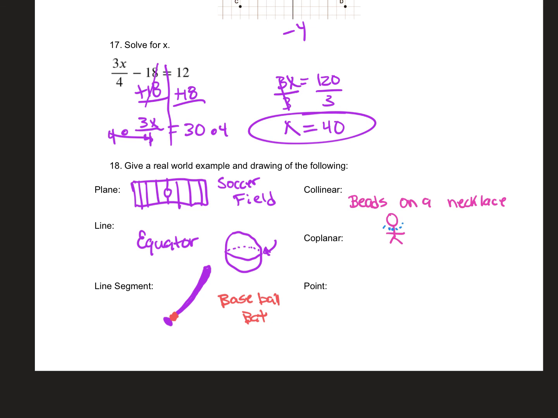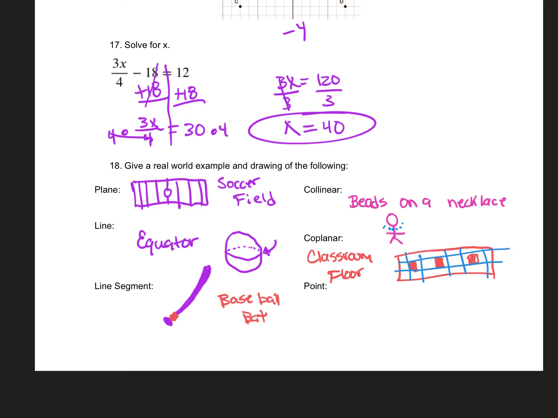Coplanar, I'm going to go ahead and say something like a classroom floor. And the reason I'm saying that is because it's coplanar, because it's going to have the small desk on here, which are the points. And then it's going to also have the checkered lines or the tiles, which is going to represent lines going throughout the classroom. All right.